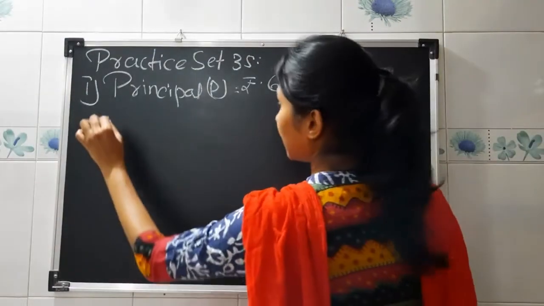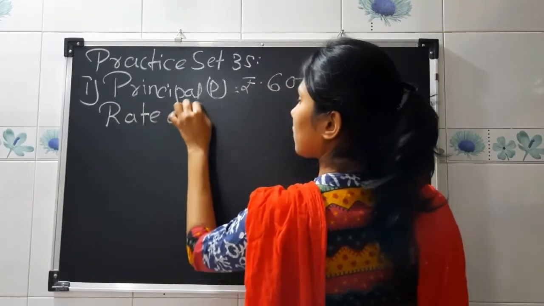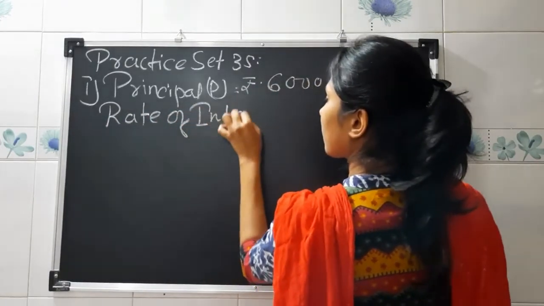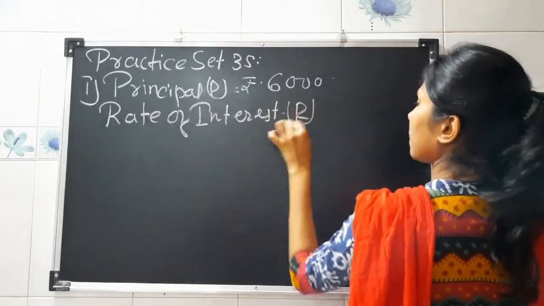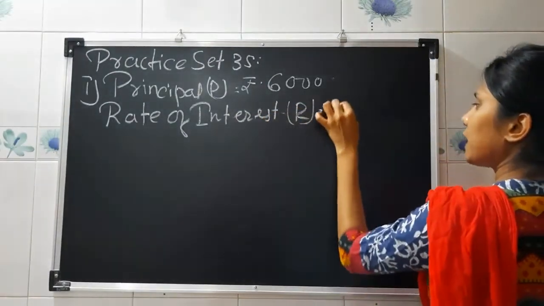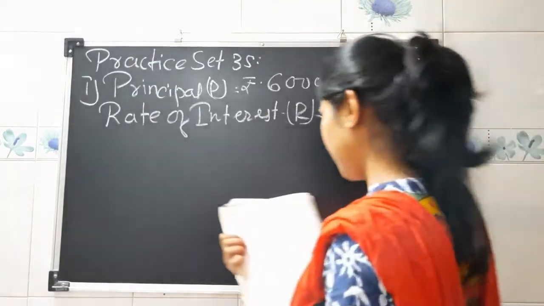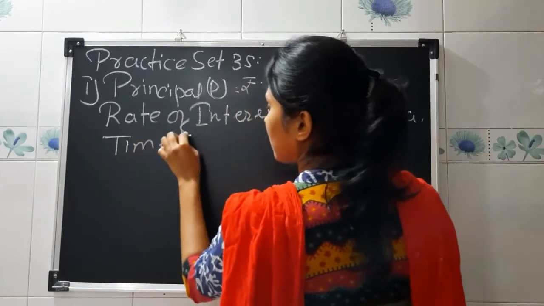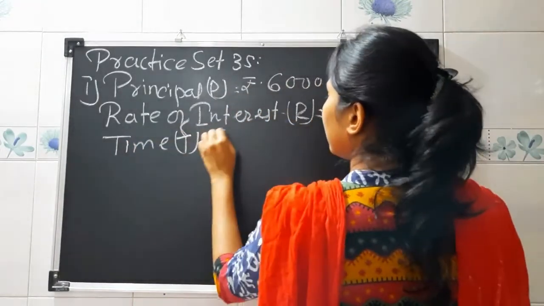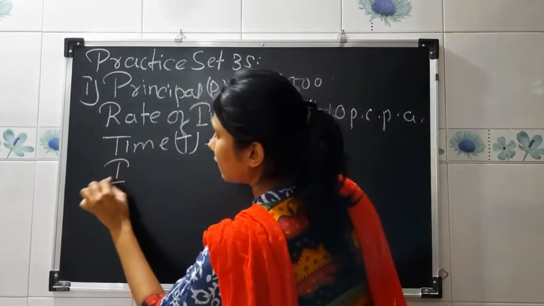Then the rate of interest, R, 10 PCPA, that is 10% per annum, and time T, 1 year. We have to find out the interest.